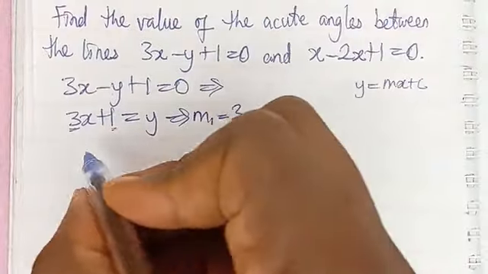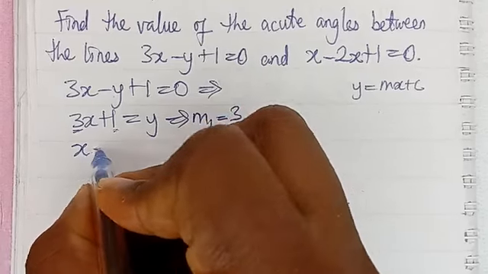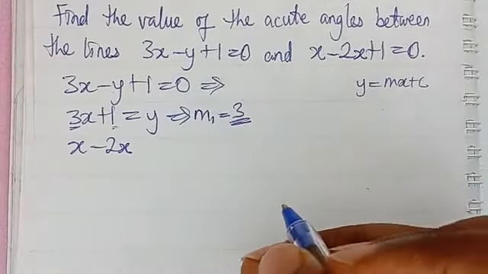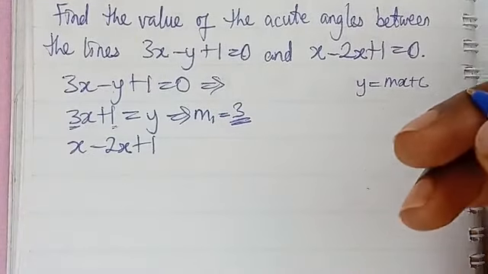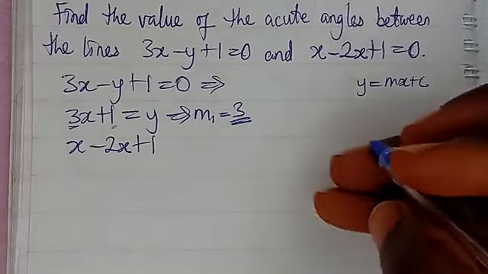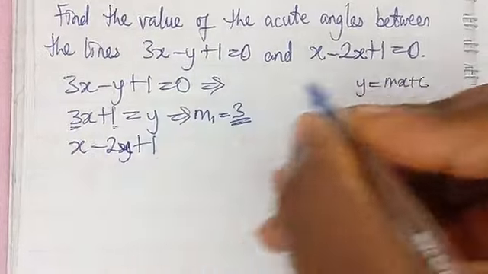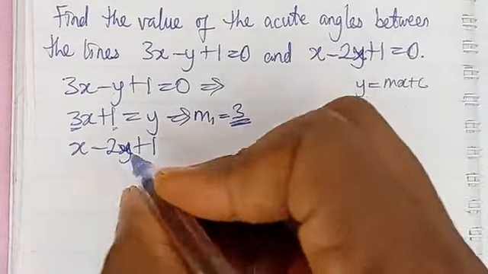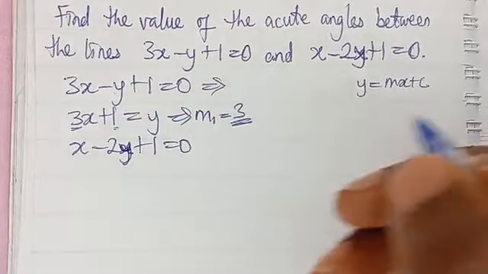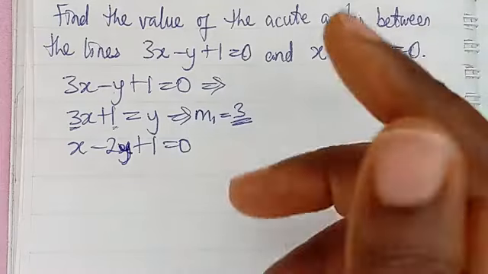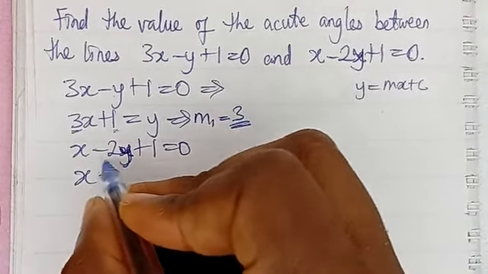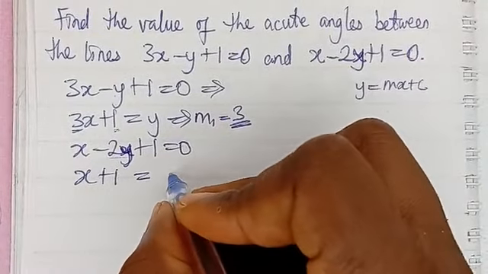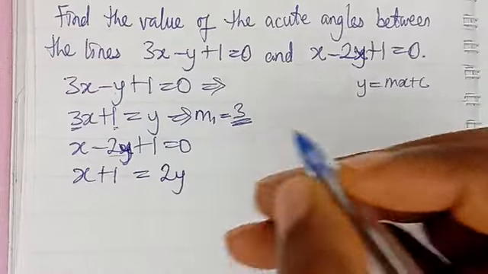Then the second equation, we have x minus 2y plus 1 is equal to 0. So let's arrange it. We have x plus 1 on this side. Since 2y is negative, it goes over to the other side to be positive 2y.